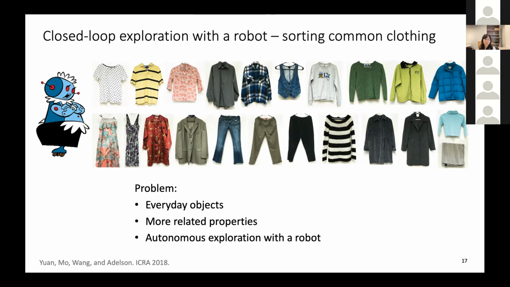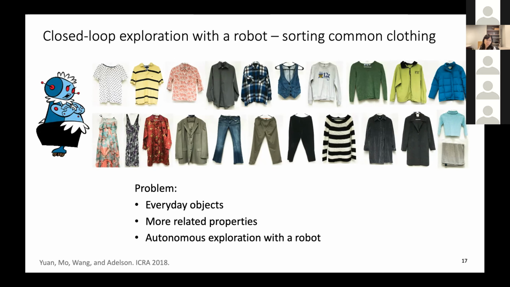And since those clothes differ in many different ways, and there are lots of related properties that we can use to describe them, we want the robot to get a more thorough understanding, not only labeling the hardness, but a bunch of different physical properties as well.